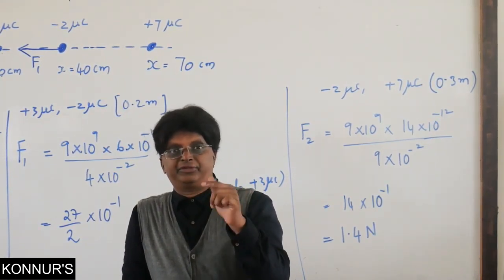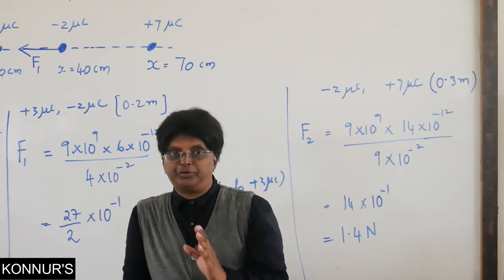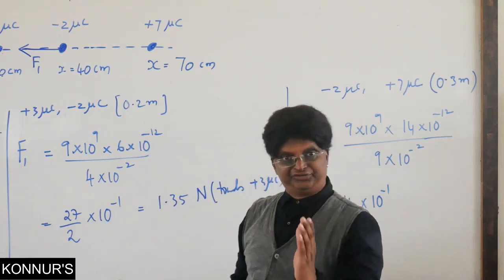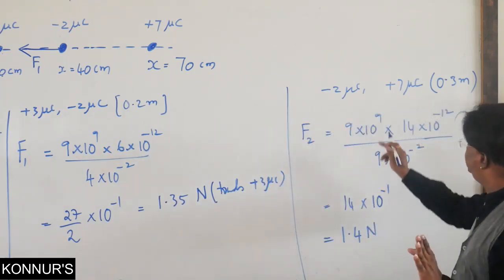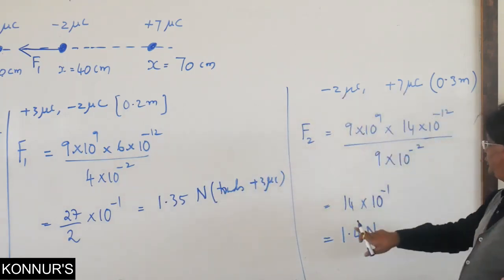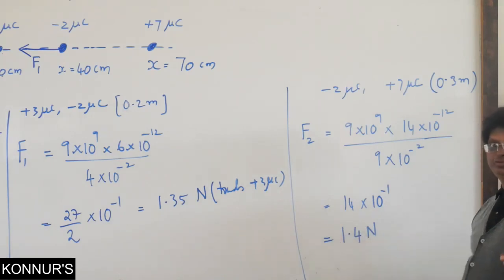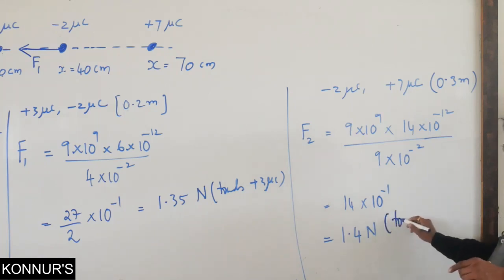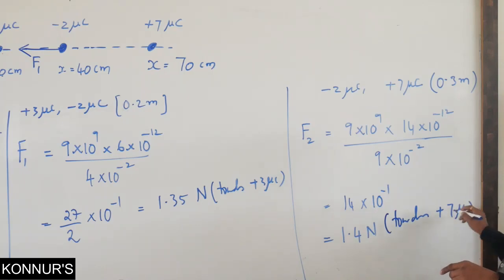Whether it comes plus or minus, it is not due to the additive property of the charge, it is due to vector addition. Remember? Somebody may call, sir, this is minus 1.4 Newton. Don't take that minus 1.4 Newton, rather take the direction. Now it is towards plus 7 microcoulomb, because this is again attraction.